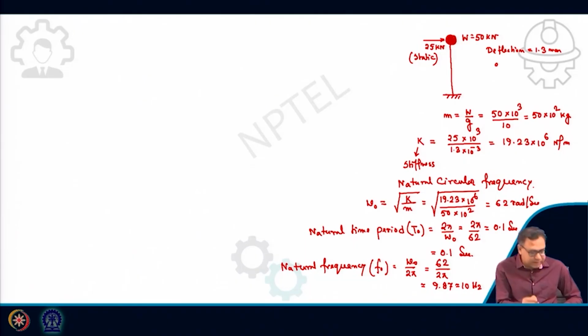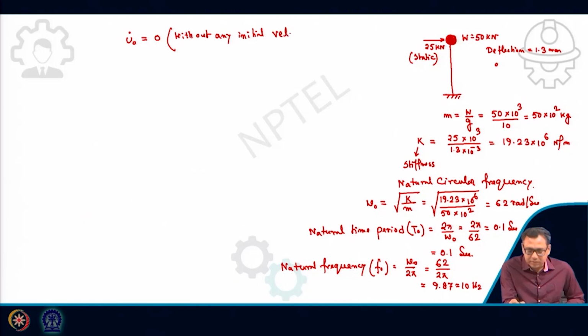So my initial velocity is 0. But there will be an initial deflection.